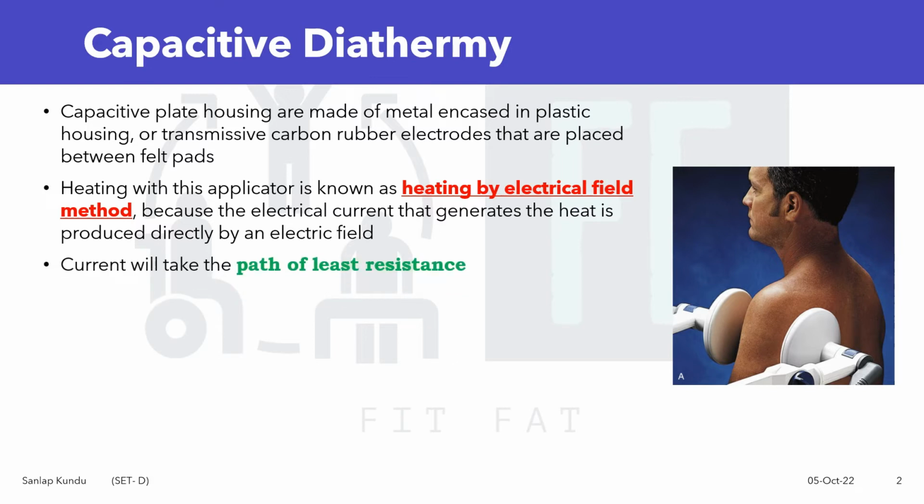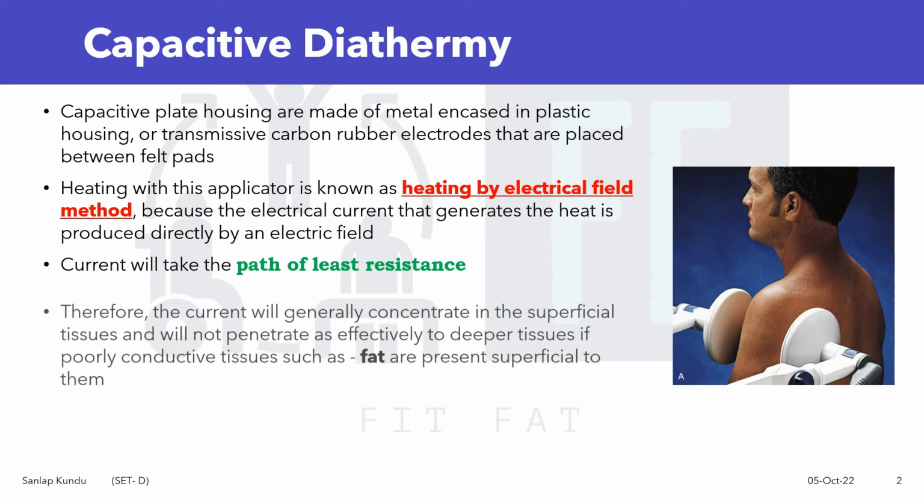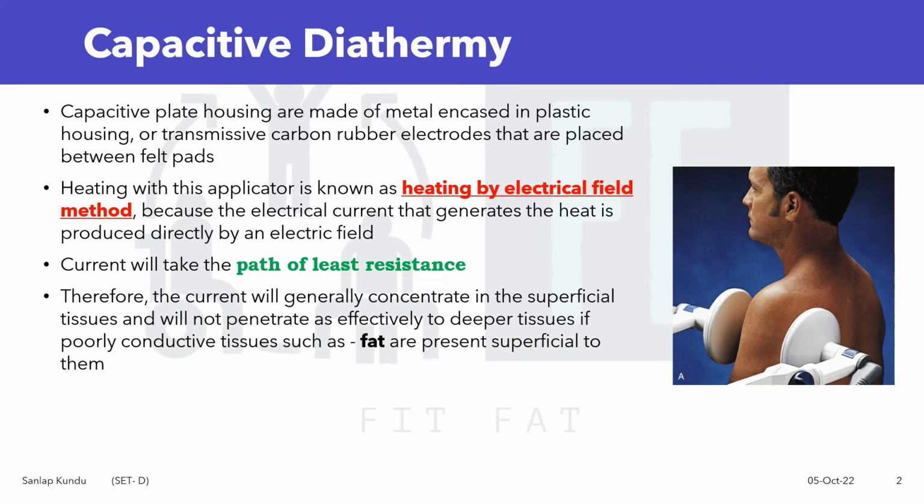Current will take the path of least resistance. We know this from our physics knowledge that whenever a current flows, it will always choose the path where there will be the least amount of resistance. So the current will generally concentrate in the superficial tissues and will not penetrate as effectively to the deeper tissues if poorly conductive tissues such as fat are present in the superficial structure.